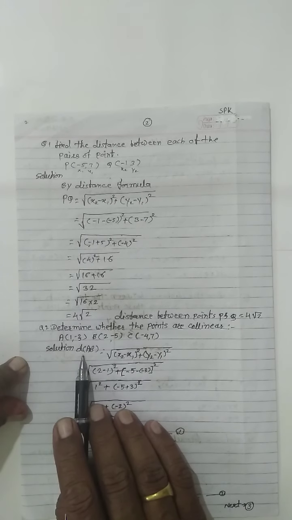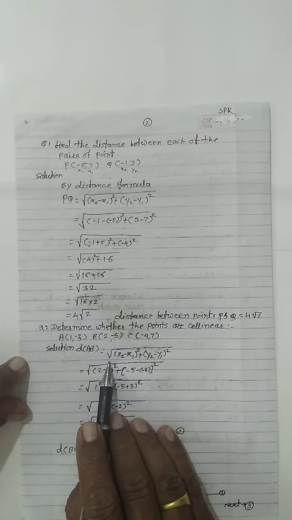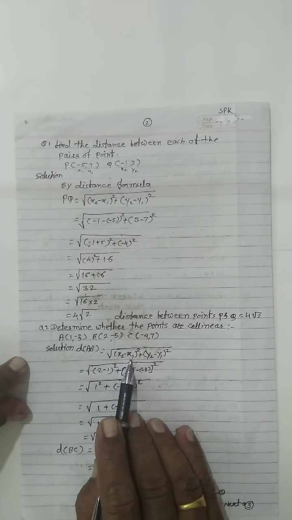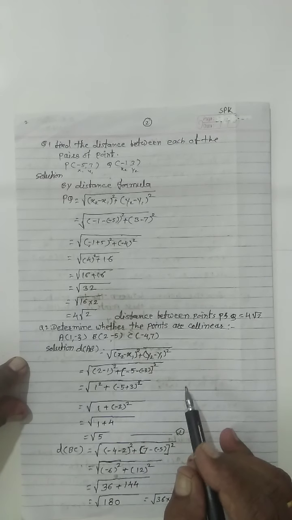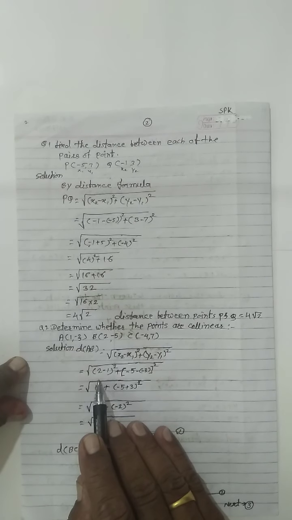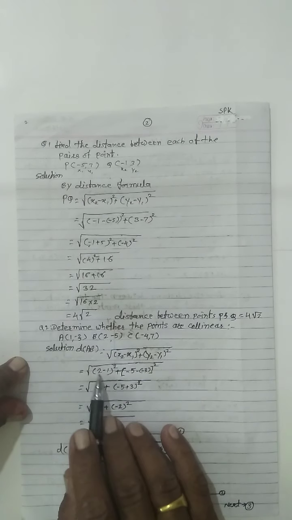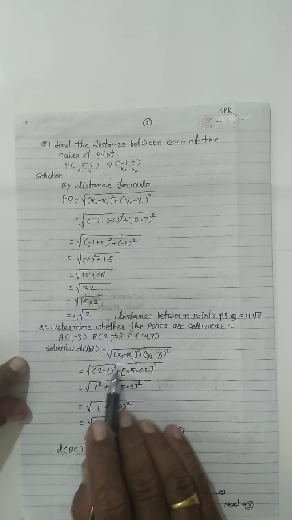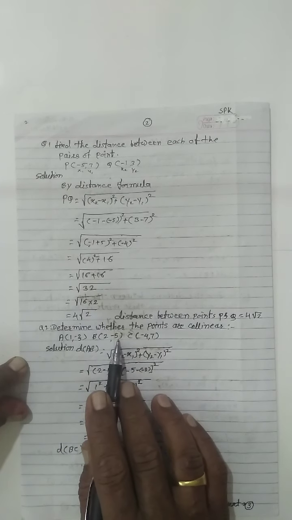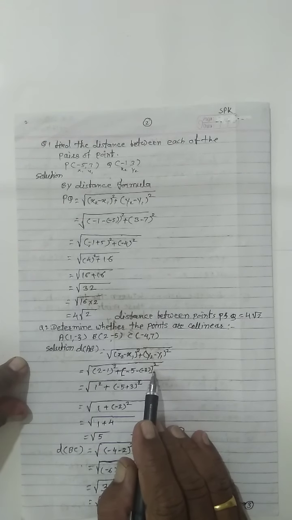See the distance AB equals, write down the distance formula, under root in bracket (x2 minus x1) square plus (y2 minus y1) square. Now put the values. x2 is 2 and x1 is 1. So (2 minus 1) square plus (-5 minus 3) square.